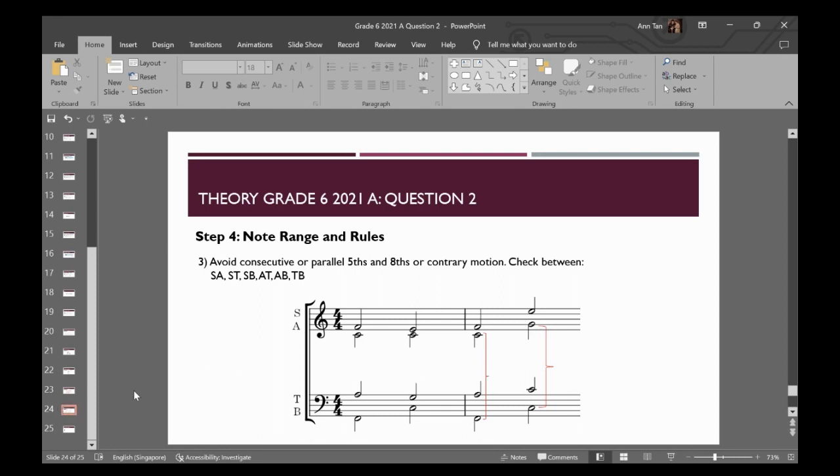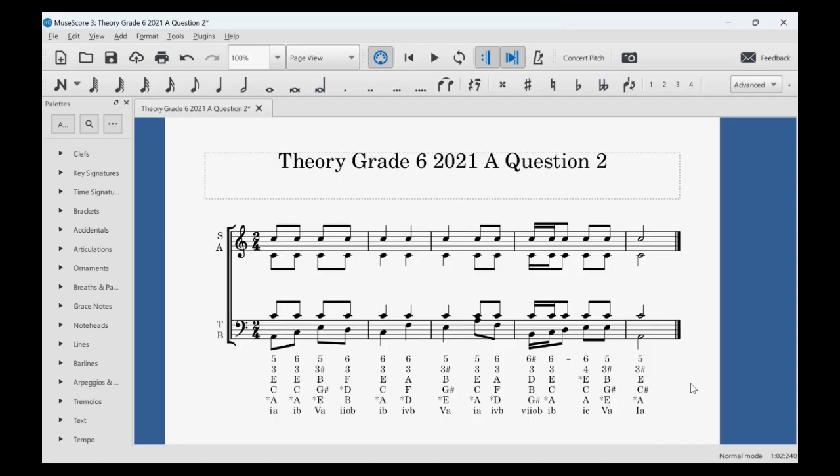So now let's move on to MuseScore and see how we can approach this question. Okay, now we are in MuseScore. Let's take a look at the inputs from the previous slide. So the bass has been all written.